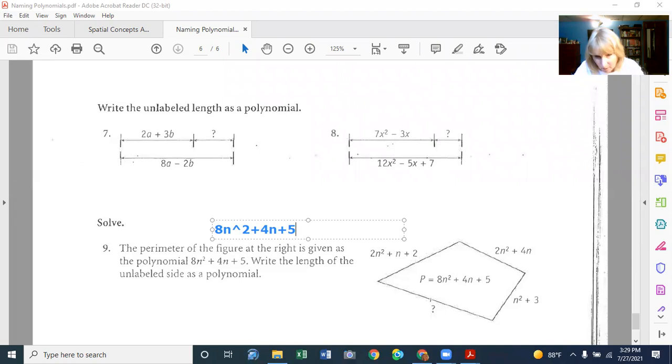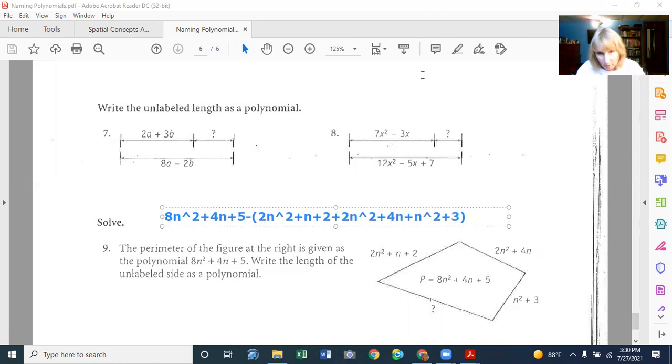That's the perimeter, minus, and then it's minus everything in parentheses, 2n squared plus n plus 2 plus 2n, I'm just taking every side, 2n squared plus 4n plus n squared plus 3.